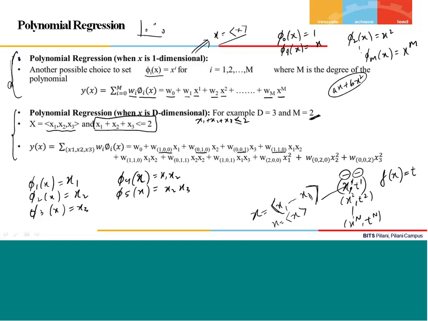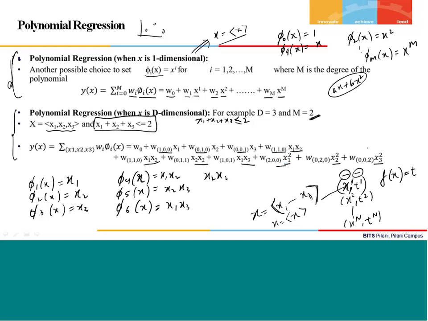This is x2, x3, and phi 6 of x equals what is left now: x1, x2, x2, x3, and likewise x3, x1, x3, similarly x2, x2. These cases are all written here, right? Finally, when all these cases are over, what are you left with? Square terms. So this is x1 square, x2 square, x3 square.